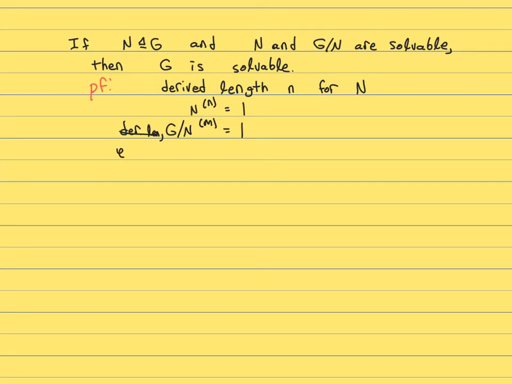And then what we're going to do is take the homomorphism from G to G mod N, the obvious trivial surjective map. And as we just noticed, the image of the ith derived subgroup is the ith derived subgroup of the image, which in this case is G mod N.